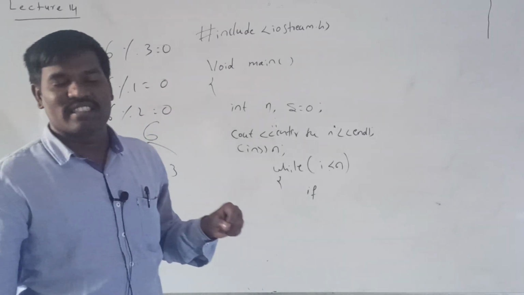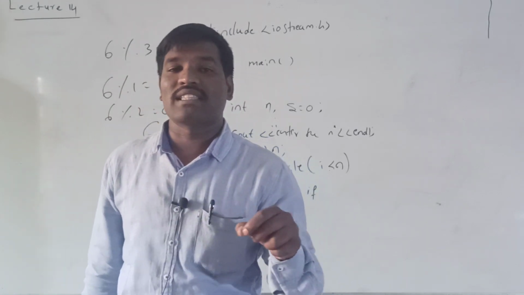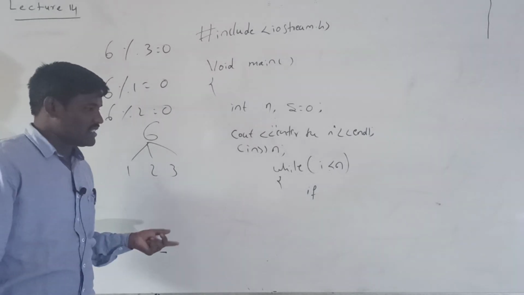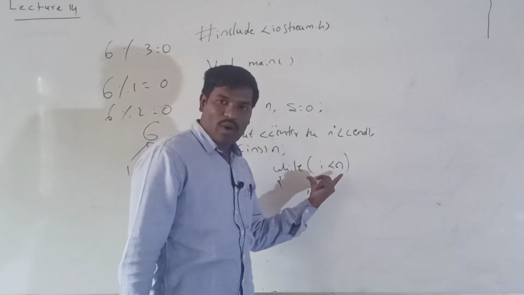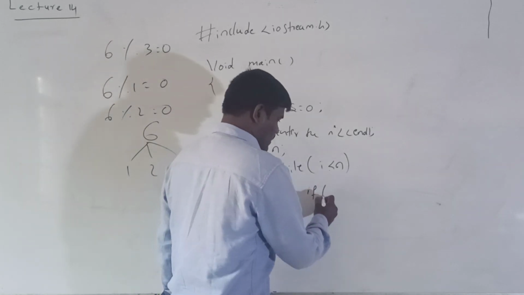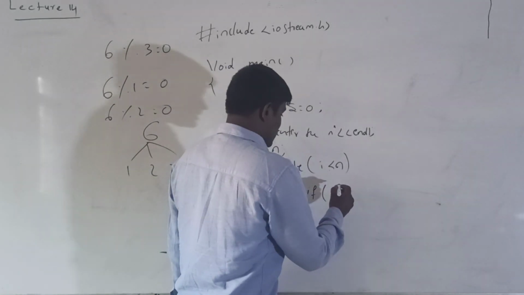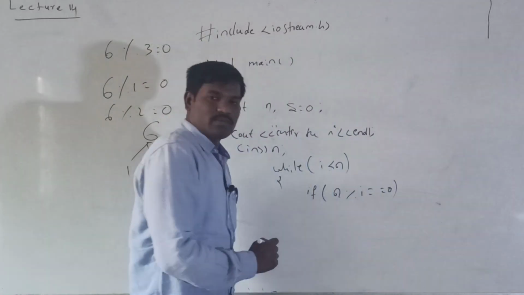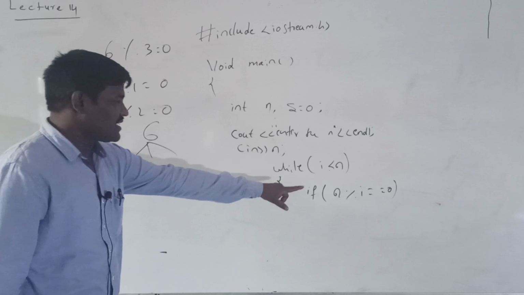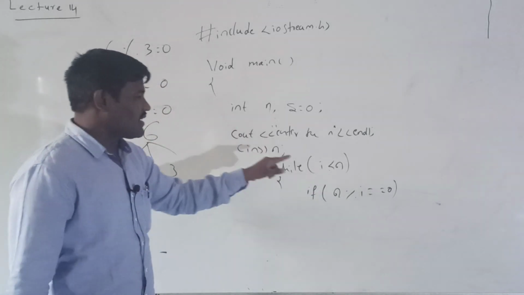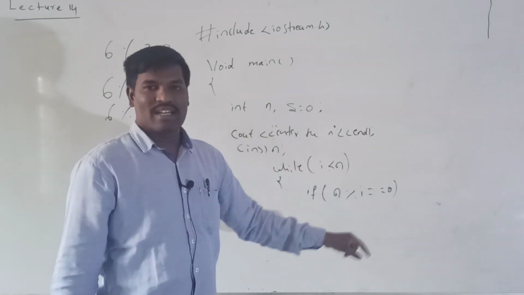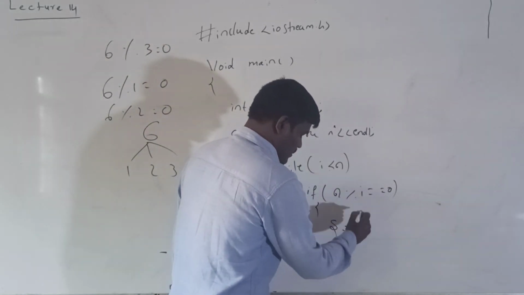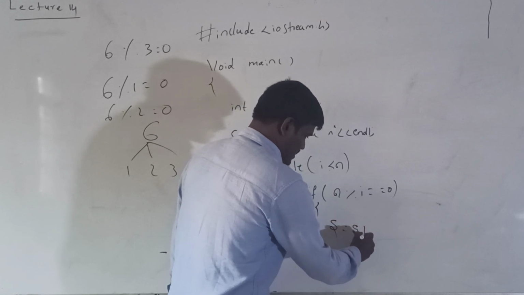Completely the number is divisible by 1 2 3, then only we say they are the factors. So inside the while loop we can check if n mod I is equal to 0. Here n value is 6, I value is 1, 6 mod 1, answer is 0. If it is 0 means s is equal to s plus I.